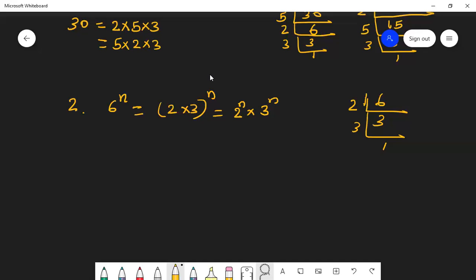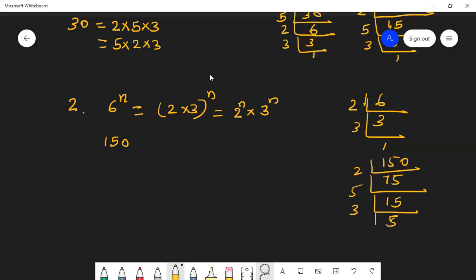For that, I can give you one more example. You can take any number which ends with the digit 0, 150 for example, and take the prime factorization of 150. By 2 if you divide, you will get 75. By 5 if you divide, you will get 15. And by 3 if you divide, you will get 5.